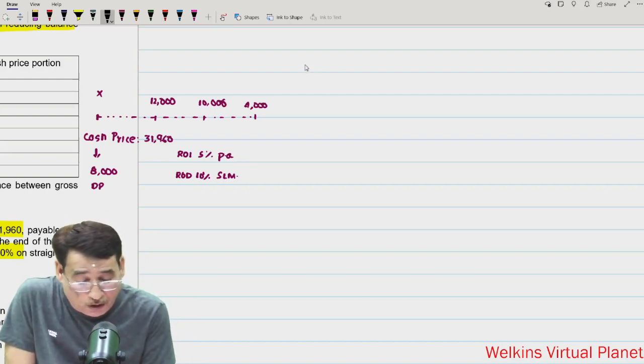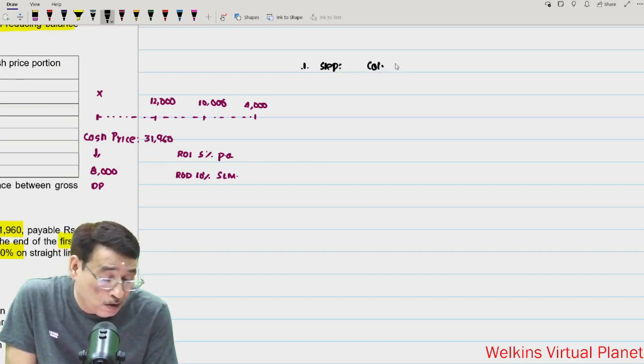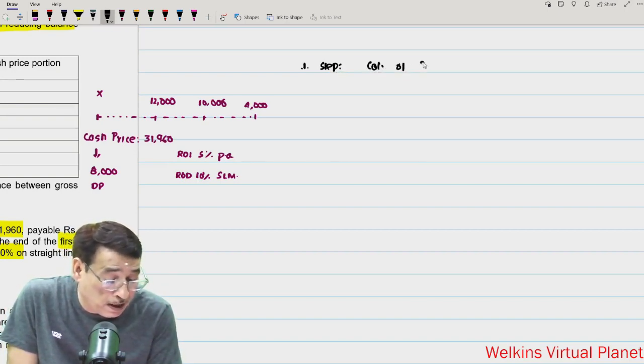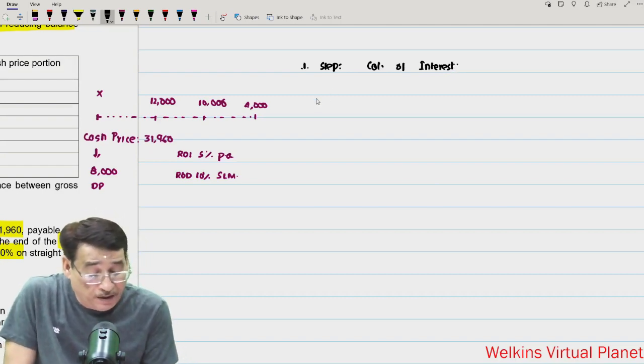So in order to solve the question, your first step should be calculation of interest. Calculation of interest basically means we are trying to find out what portion of the installment relates to interest payment.